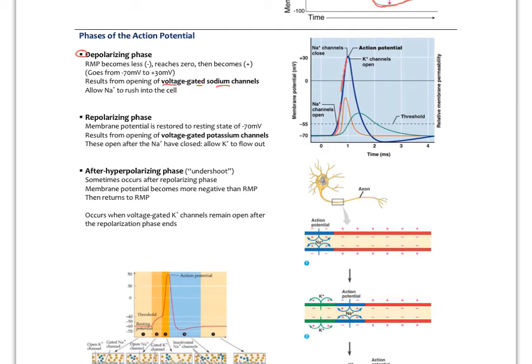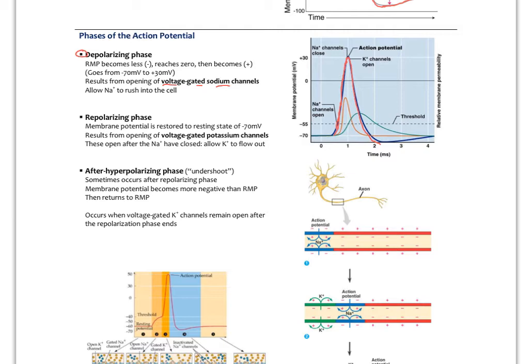And that will cause sodium ions to rush into the cell. And as the sodium ions rush in, they depolarize the membrane, and that's exactly what this upward swing is. So that's the rushing in of sodium ions once those channels open. So that's the depolarizing phase. Then you see the membrane potential drop back down towards the resting, even a little bit more negative than resting, and that's called the repolarizing phase.